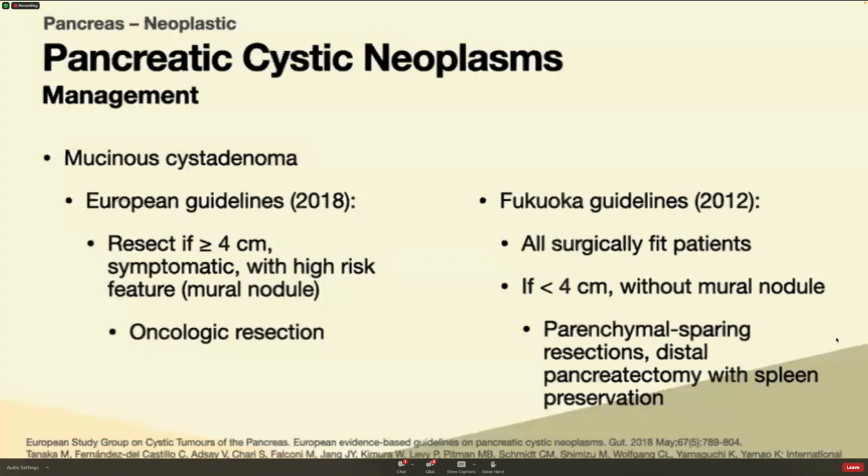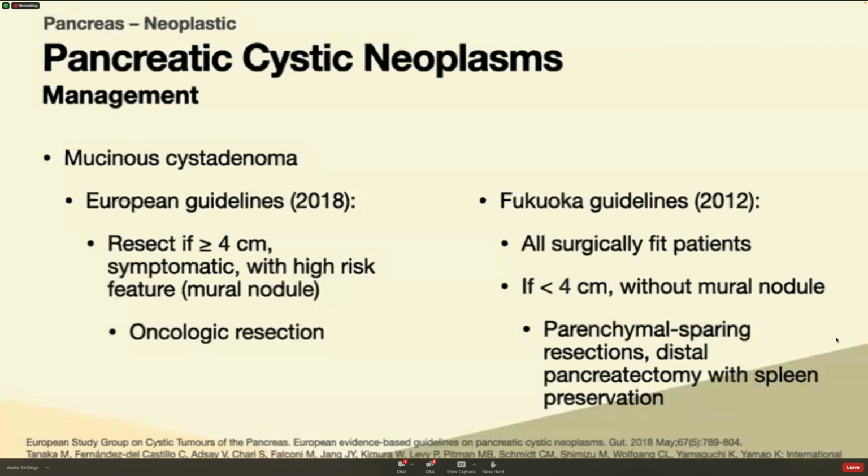For the European guidelines, they only recommend resection if the lesion is greater than or equal to 4 cm, if the patient is symptomatic, or if there's a high-risk feature, such as the presence of a mural nodule. And they recommend doing an oncologic resection.